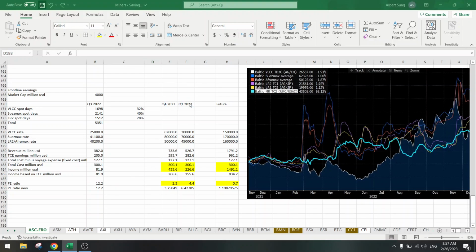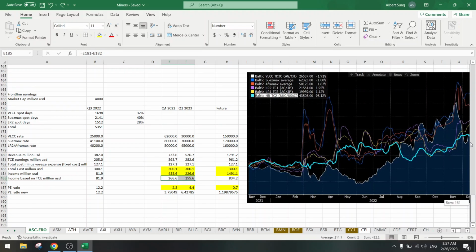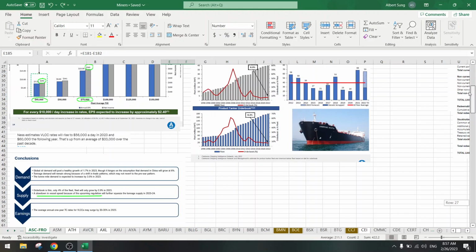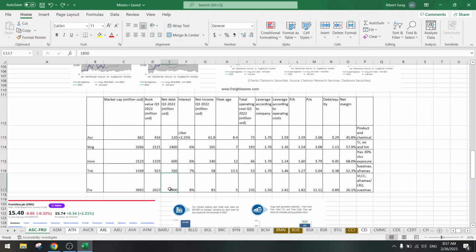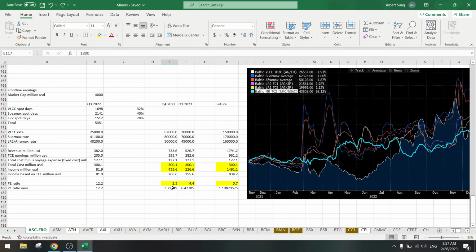So in Q4 and Q1, they would be able to pay off 500 million in debt. 500 million in debt would be around 30 to 40% of the debt paid off, 30%, 35%.